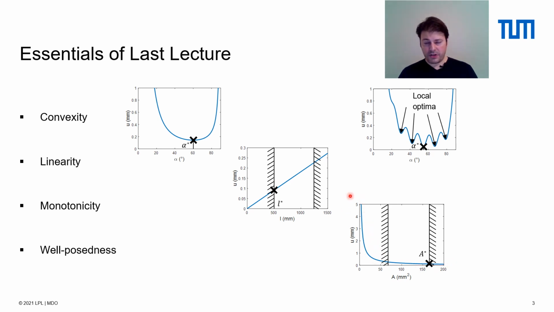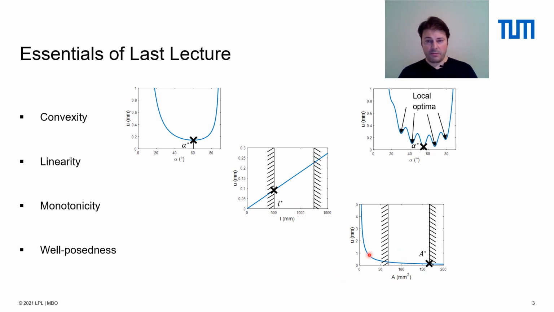Monotonous functions do not have to be linear, but they will always decrease or increase in value upon increasing design variables in one direction.